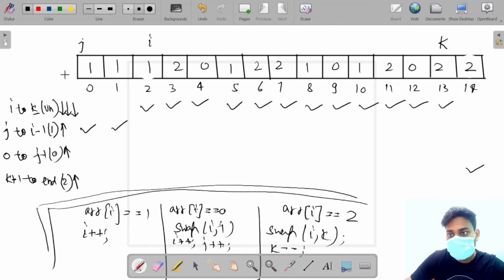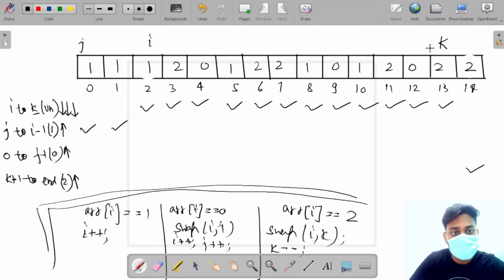So here a question arises in everyone's mind: why are we only decreasing k, why are we not increasing i also? Every time we swap something, we increase both pointers i and j, but here we are only decreasing k, not increasing i, because we know that the value present at i is 2, but the value present at k can be either 0 or 1.